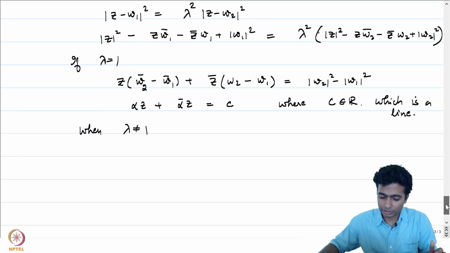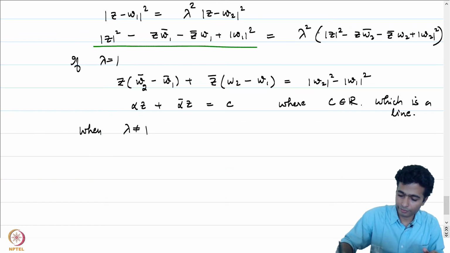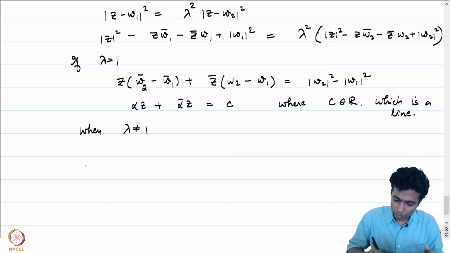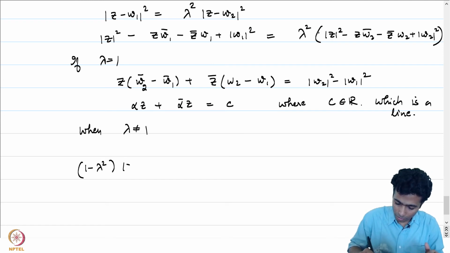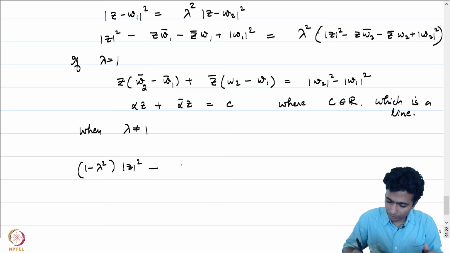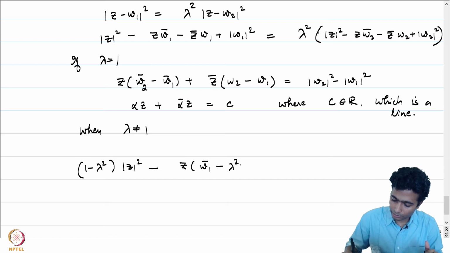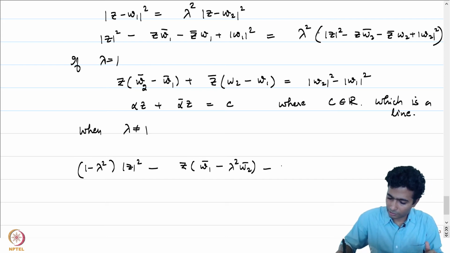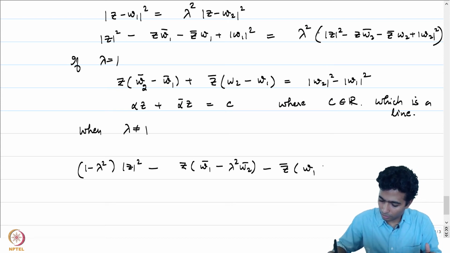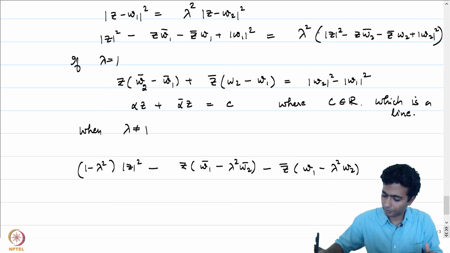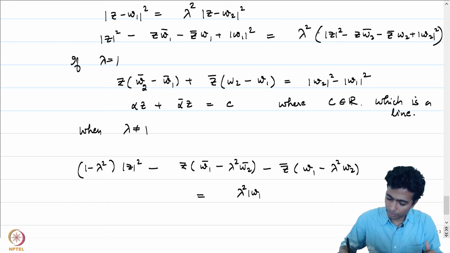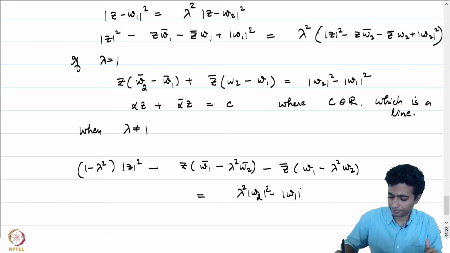When λ is not equal to 1, let's see what we have got here. This is the equation we have after expanding it out, and that can be written as (1 - λ²)|z|² - z (w1-bar - λ² w2-bar) - z-bar (w1 - λ² w2), which is equal to λ²|w2|² - |w1|².